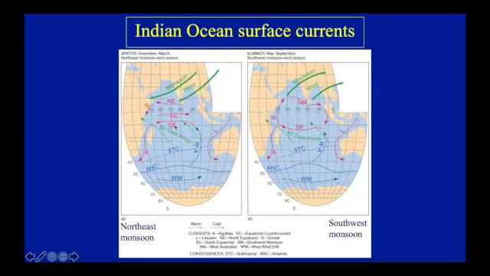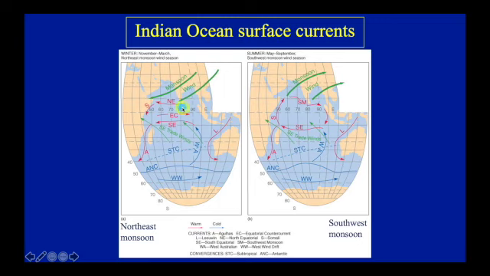Alright, so now you can see there's two major differences between the northeast monsoon and the southwest monsoon that create this current system in the Indian Ocean. So this is what you need to remember. Monsoon winds change the northern part of the Indian Ocean currents, especially the Somali current and the southwest monsoon current.